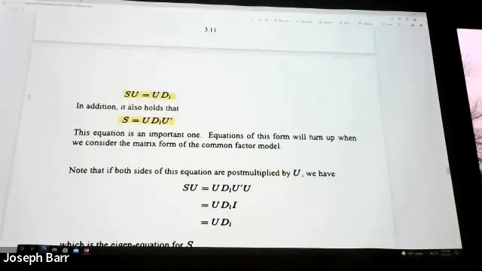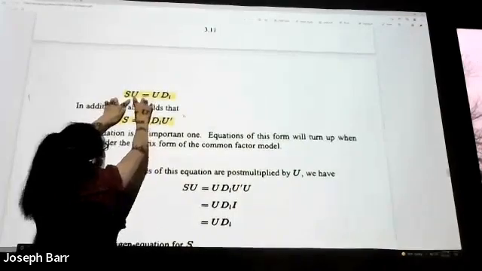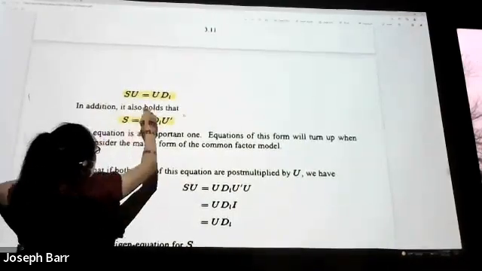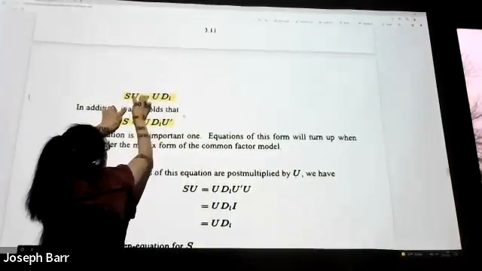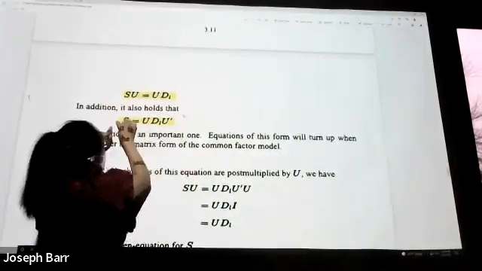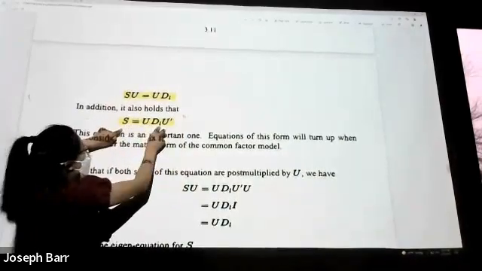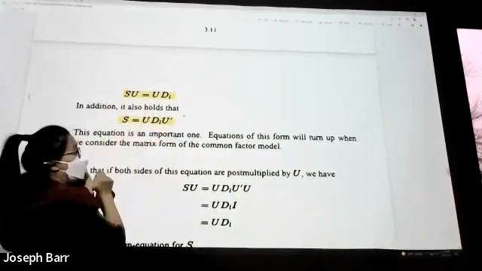And then if you do a little bit of a trick, because U is orthogonal, the inverse of U and the transpose of U are the same thing. You can multiply by the transpose of U, so the transpose of U times U becomes identity. But here you have transpose U on the right side. So S can be decomposed into a product of these three components.